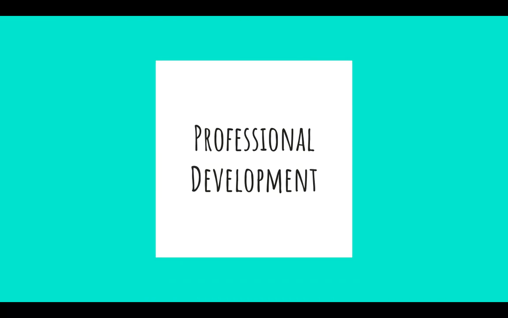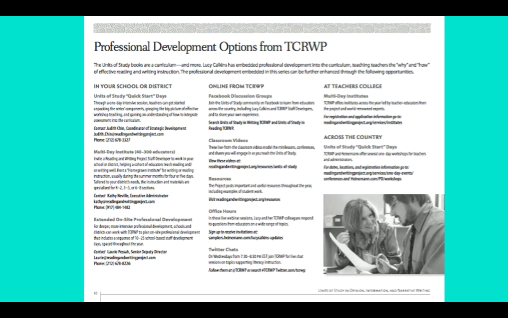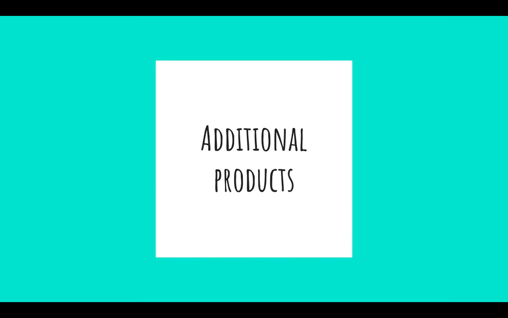Turn to page 60. The grade level kit has embedded professional development in the coaching notes and the guide to writing workshop. However, if you or your district is looking for more, you can see the various options located on this page. Turn to the back inside cover.